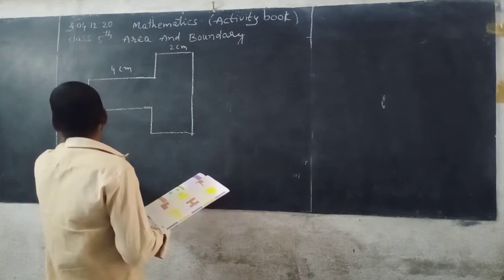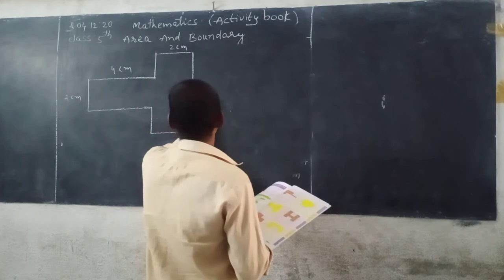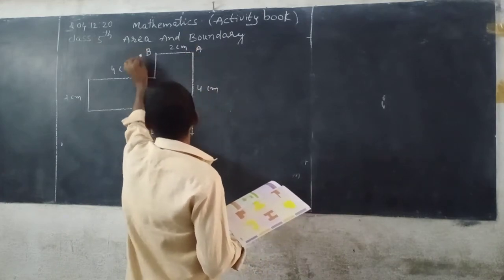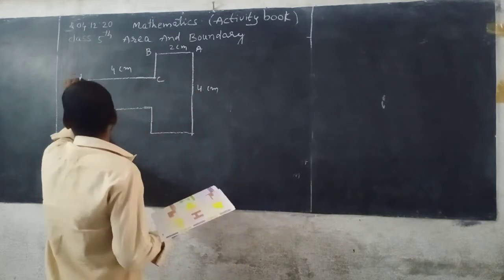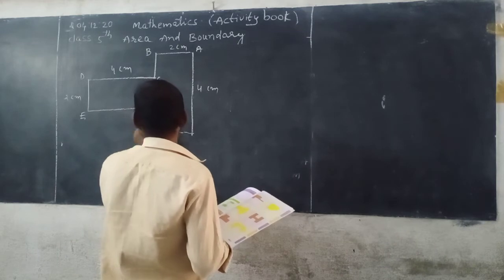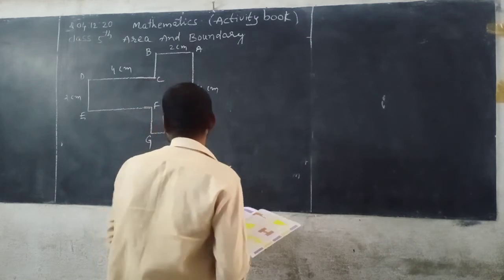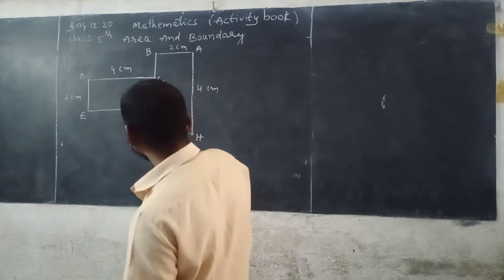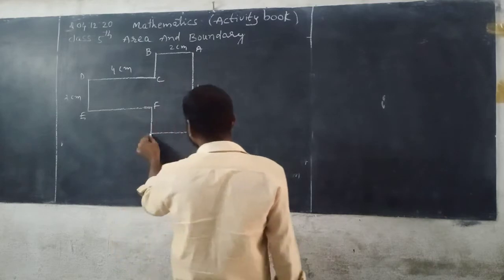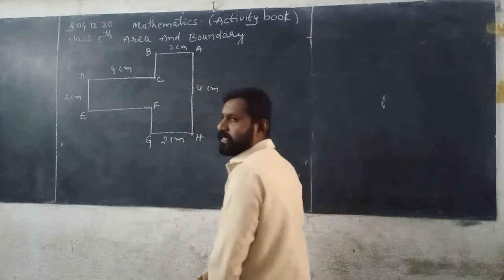This is 2 centimeter. This is 4 centimeter. See, A, B, C, D, E, F, G, H. See here, AB is parallel to GH. Then you can write GH is equal to 2 centimeter.